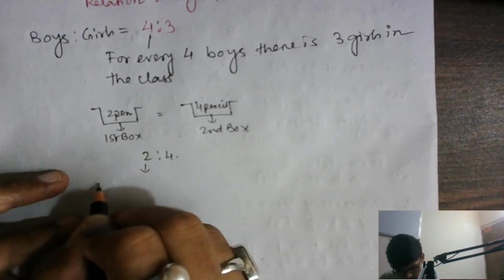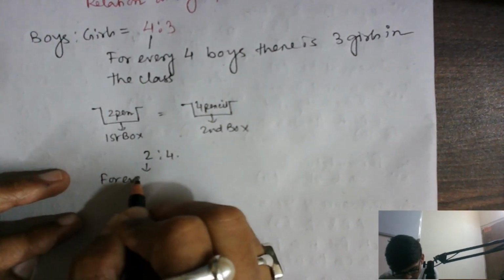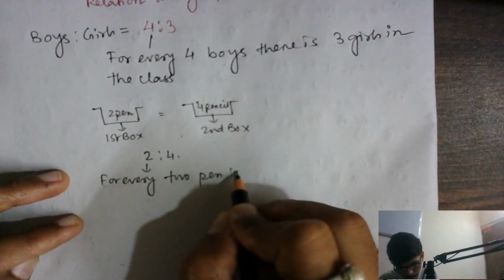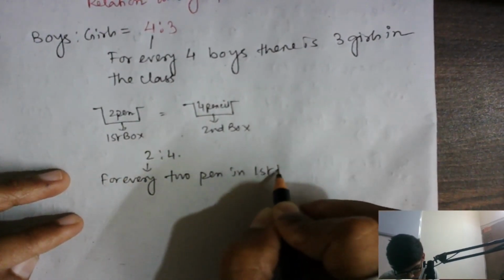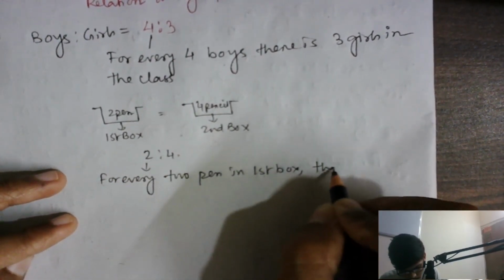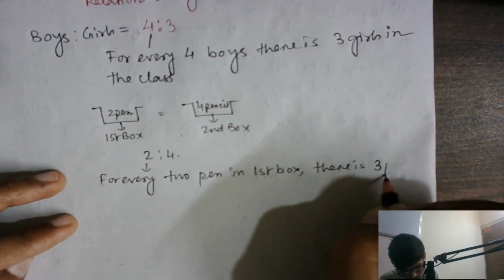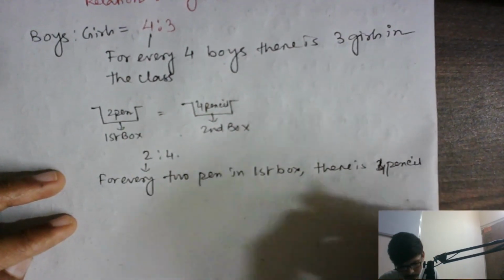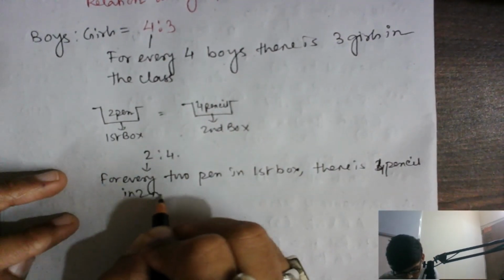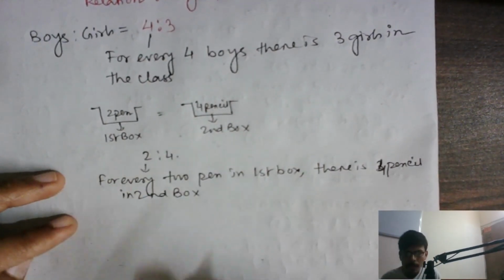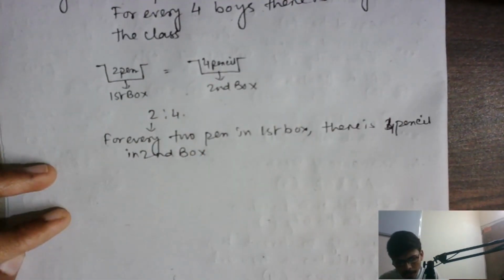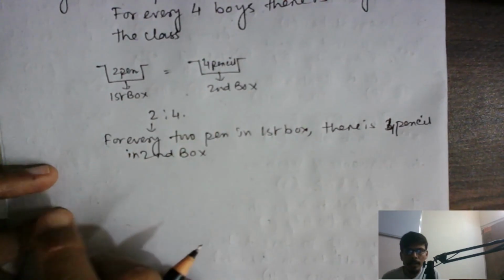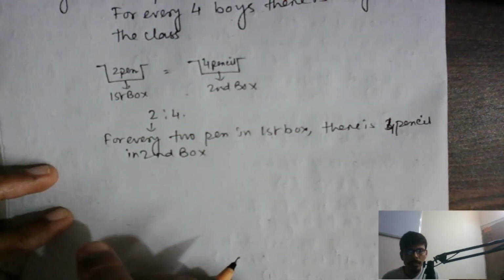It means for every 2 pens in the first box, there are 4 pencils in the second box. So the interpretation I can make is that for every 2 pens we have 4 pencils.